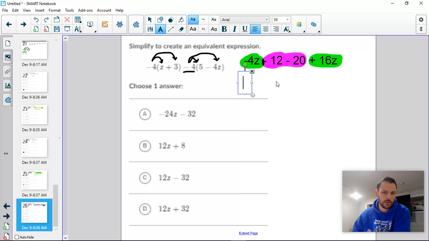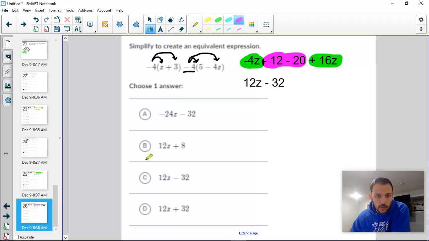I like to think of it maybe easier if we do the positive first. So 16z minus 4z, right? We know 16 minus 4 is 12, so 12z. And we have minus 12 and minus 20, right? So if I owe someone $12, I owe someone else $20, I owe $32 total, so that's minus 32. All right, so easy enough there. 12z minus 32, got it.